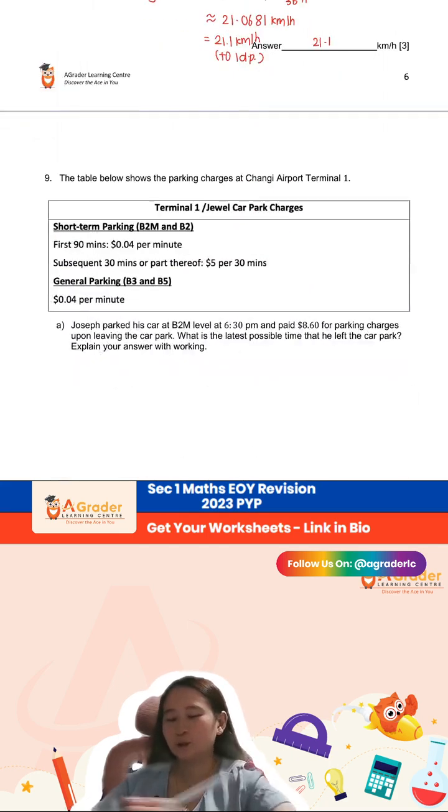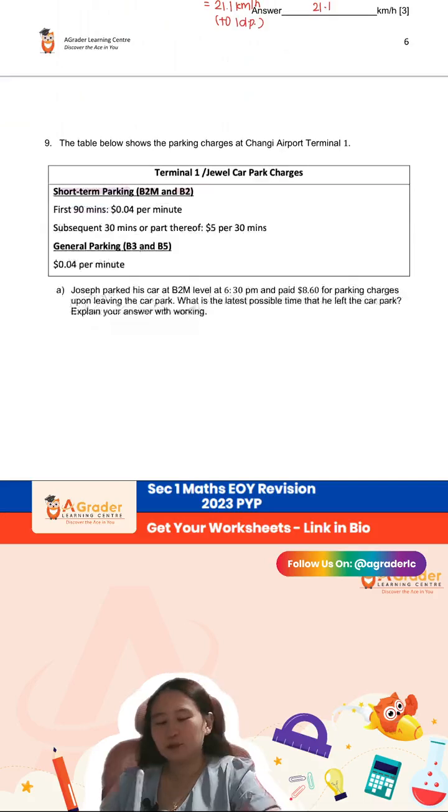The table below shows the parking charges at Changi Airport Terminal 1, the Jewel car park charges. For short-term parking at level B2M and B2, the first 90 minutes is 4 cents per minute. Subsequent 30 minutes or part thereof is $5 per 30 minutes.